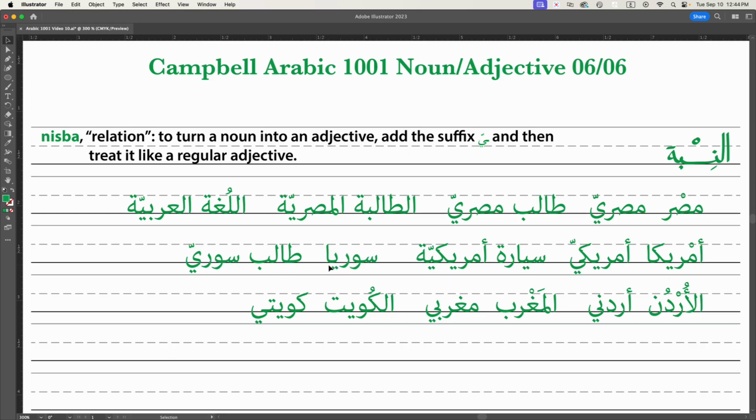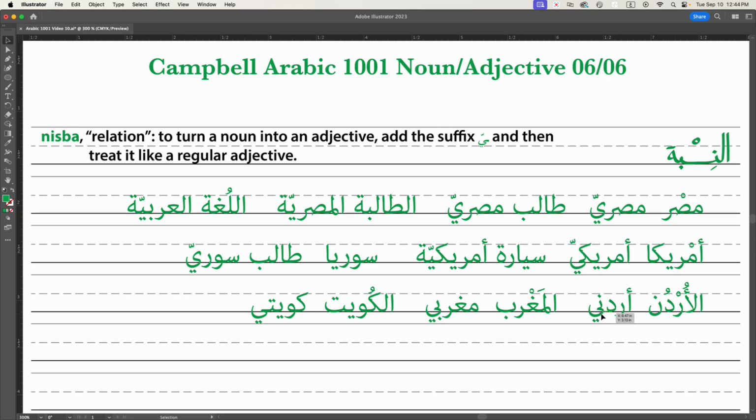You're going to drop final alif or ya alif, and if it's alif hamza, you're going to drop that as well. And if the name of the place that you're making the nisba adjective out of begins with alif lam, then we're going to drop that too. So al-Urdun is Jordan, like the country. It's named for the river, which is why it has alif lam.